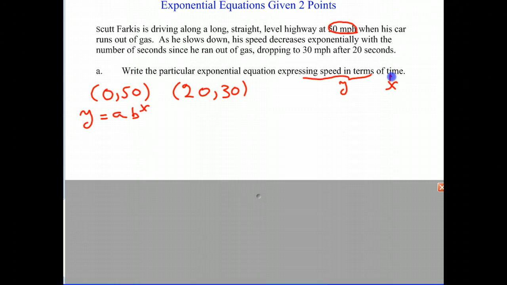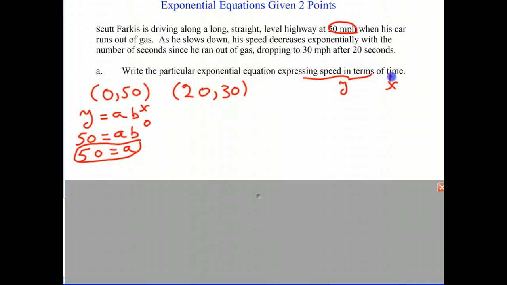We know that when x is 0, the 50 is the y-intercept, and we know a is the y-intercept, so it immediately should tell us that a is 50. But if that confuses you, substitute 50 for y and 0 for x from our first point, and you get 50 equals a, and sure enough, that's our y-intercept.